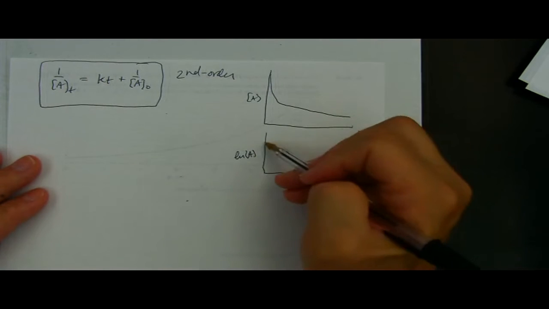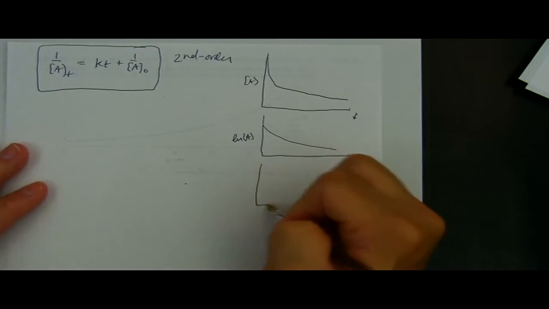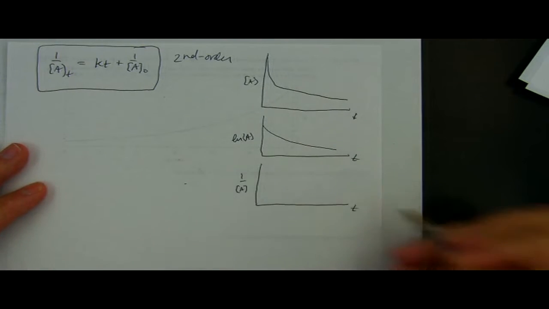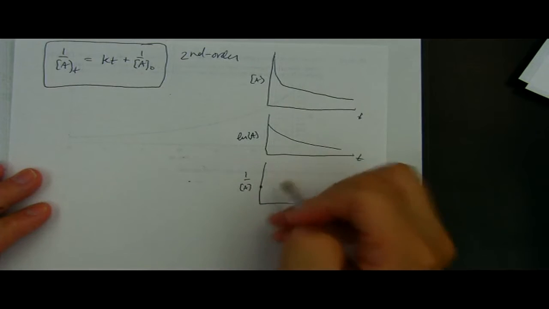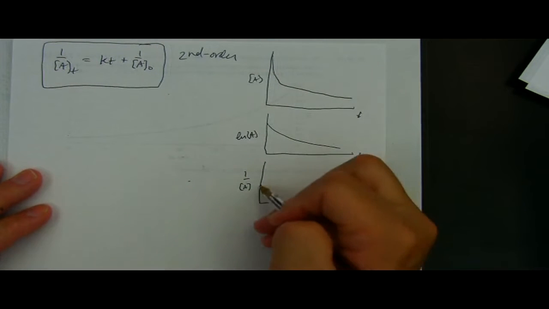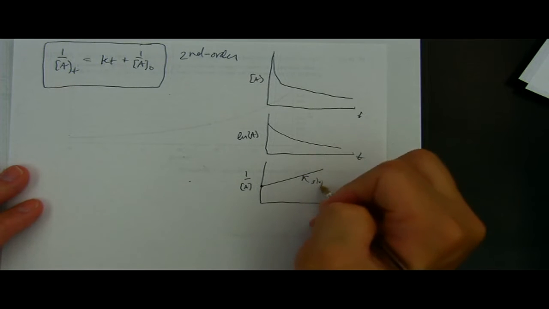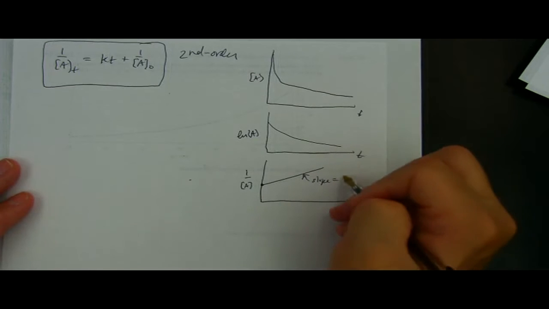Nope. I get something that's still curved. But if I make a plot of 1 over A versus time, what do I get? And which way does it go? Up or down? It will go up, like that. Because the slope of that is equal to K.